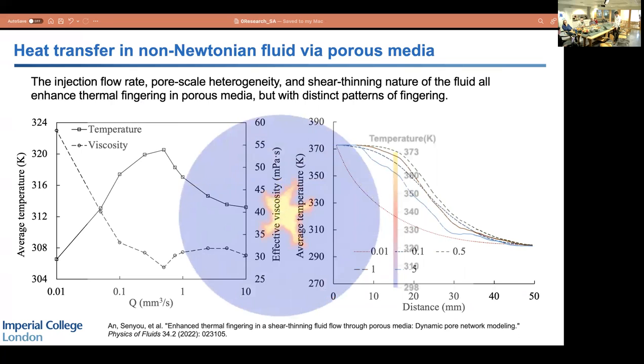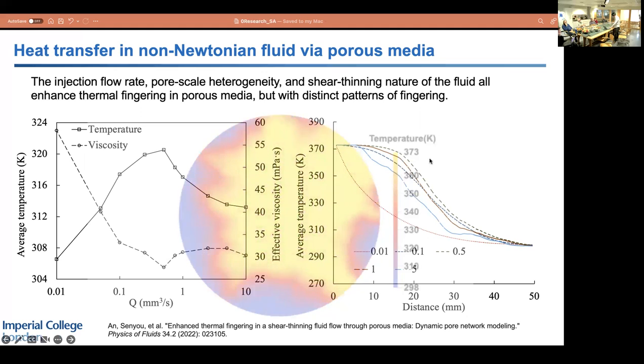And it also includes the heat transfer in the non-Newtonian fluid. This one injects the fluid from the center with high temperature, but the sample is saturated by fluid with low temperature. So how the temperature field spreads in the porous media system.